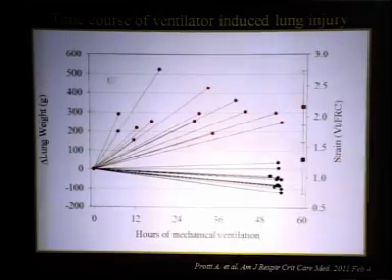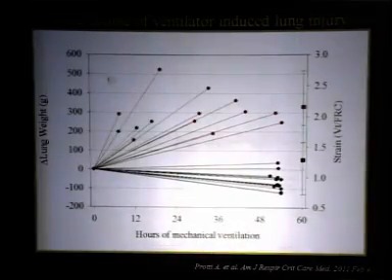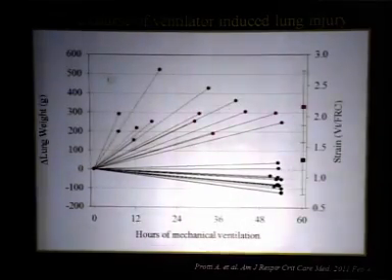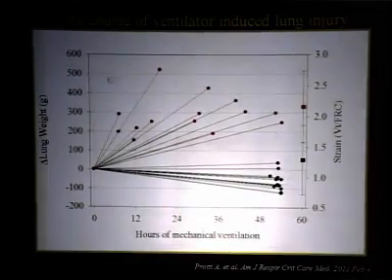These pigs, on the Friday night, were taken to the CT room, healthy pigs, and we were measuring with the CT scan the gas volume, the tissue volume, the sum of the characteristics at zero pressure and at 45 centimeters of water pressure, which for a pig corresponds to about 90 centimeters of water pressure in man, because the lung characteristics of the pigs are different, it is more distensible.